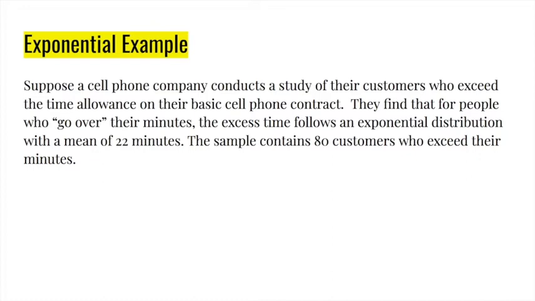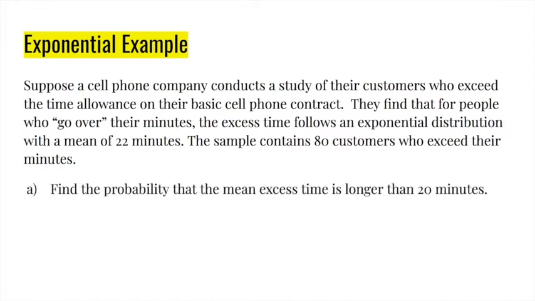Now notice that you're not given the standard deviation on this, so there's a reason for that. We learned in Chapter 5 that the exponential distribution has a standard deviation that is the same as the mean. So the mean is 22 minutes. The standard deviation is also 22 minutes. You may not remember that little detail from Chapter 5, but we're going to need it for this example.